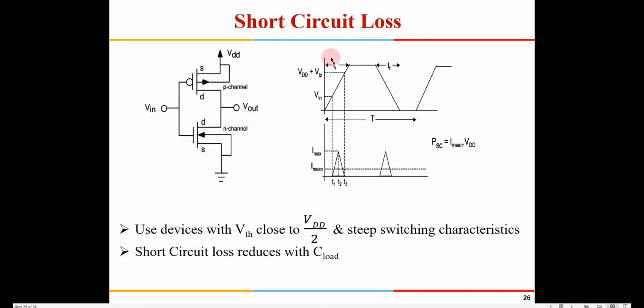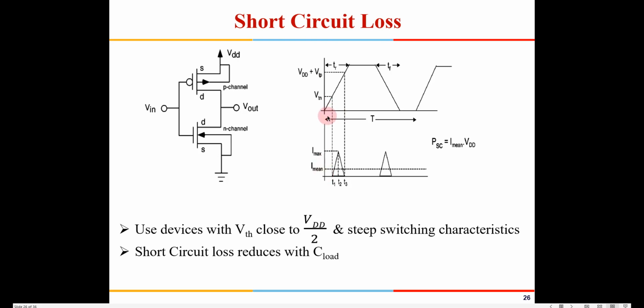Now the second kind of loss which happens is short circuit loss. What is this? Let's discuss this simulation in terms of 180 nanometer technology. In 180 nanometer technology, VTN and VTP, the threshold voltages, are close to 0.6, and VDD is 1.8 volts.